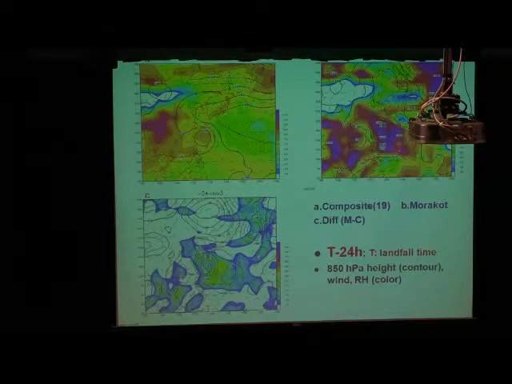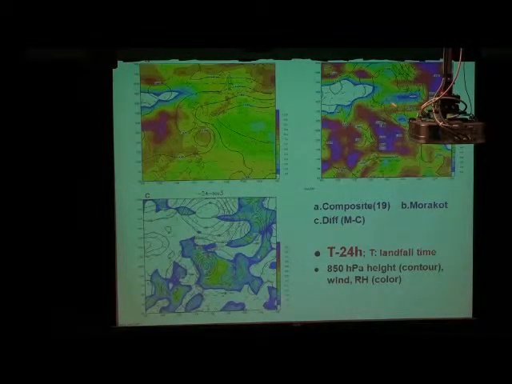However, for Morakot, it is located right here, and near Hong Kong, there is another typhoon called Goni. We heard that yesterday. And the Pacific High is extending northwestward instead of westward as in the composite.